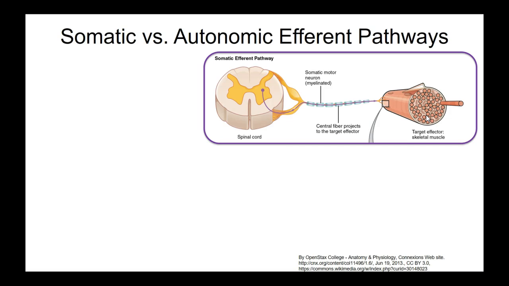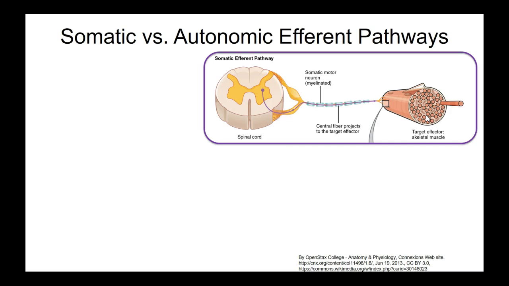And here that cell body projected its axon out of the spinal cord, out of the CNS, all the way along to its target, to its skeletal muscle, right? Notice here we had just one single neuron going from the spinal cord all the way to the effector. We're not going to see that in the autonomic nervous system. Okay? So this is our motor neuron.